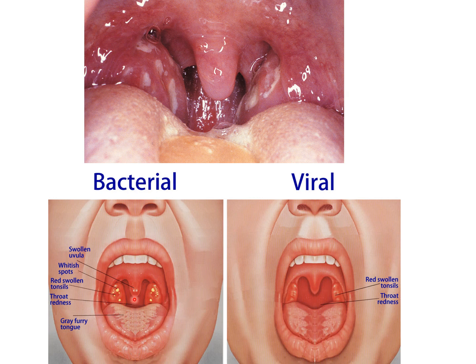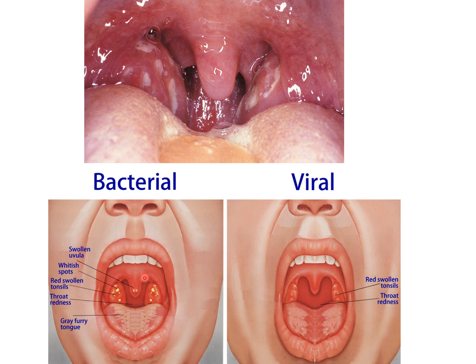So in the case of bacterial infection, we can see redness and swelling in the uvula, in the pharynx, in the tonsils, whitish spots, which represents exudative material, red and swollen tonsils, also throat redness, and we can see the gray furry tongue.